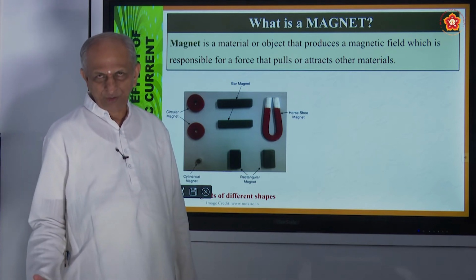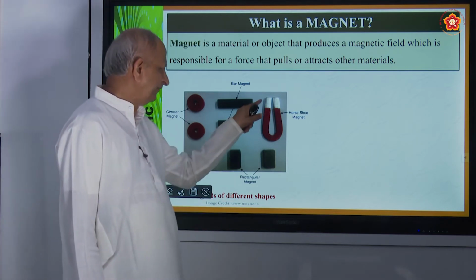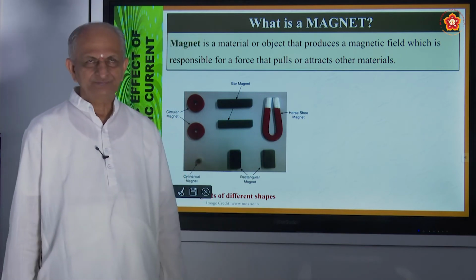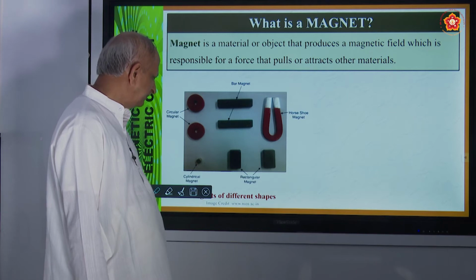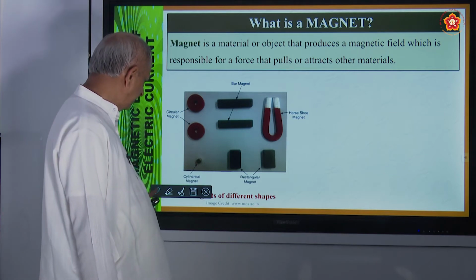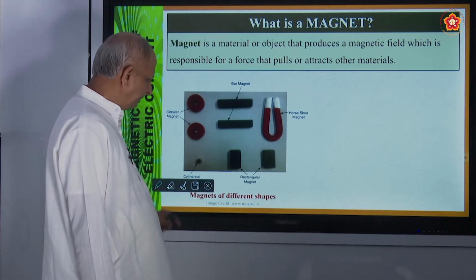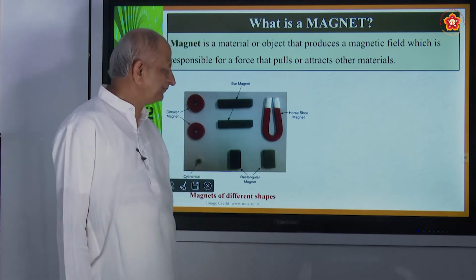And below their legs you have this type of shoe, that's why it is called a horseshoe magnet. So these are some of the different kinds of magnets, and also you have a magnetic needle, magnetic compass, etc.